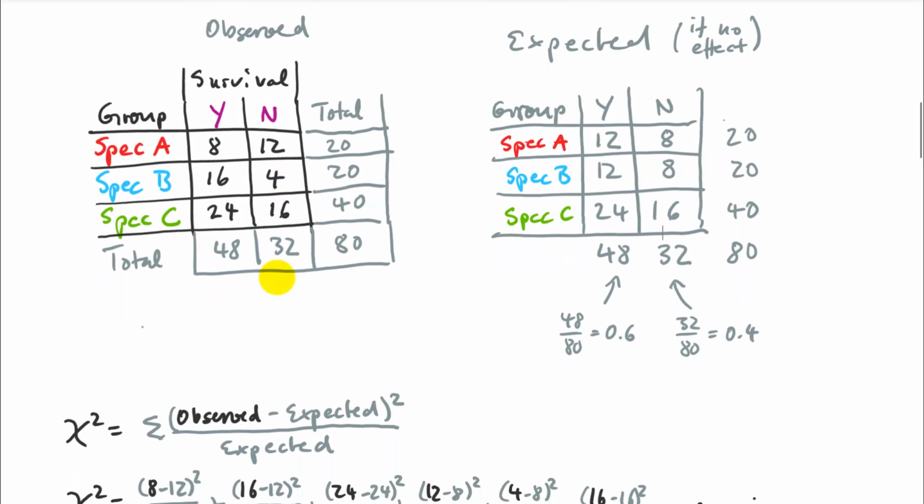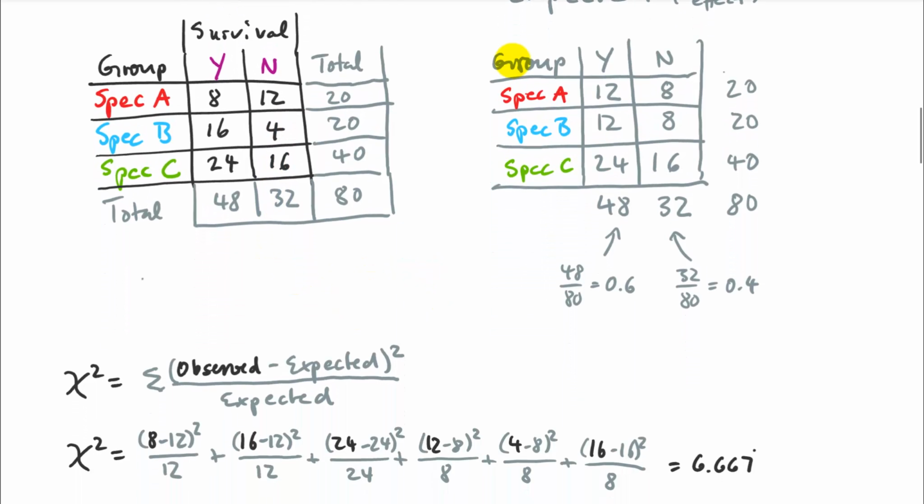And now I can do a chi-square test. So the way the chi-square test works is that I sum up my observed minus expected squared over expected. So it's a pretty simple calculation. I start with the first cell here, 8 minus 12, square that and divide by the expected.